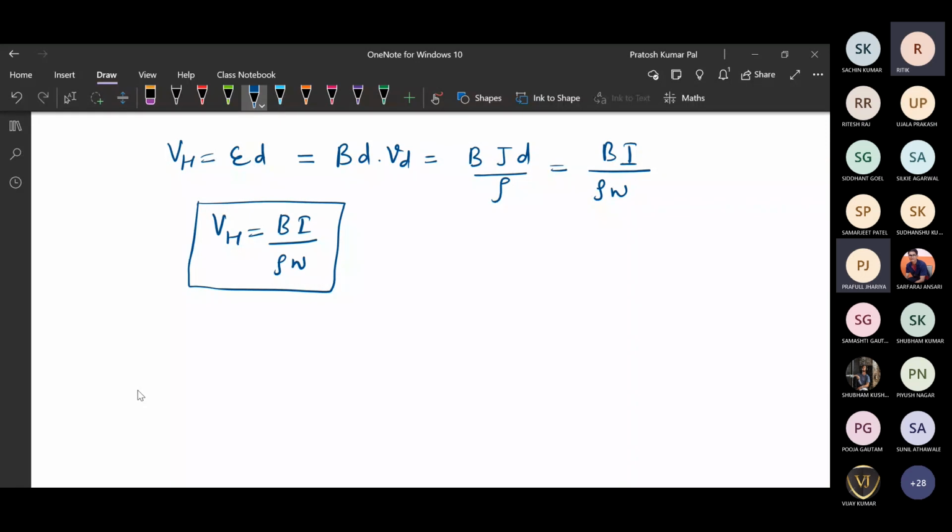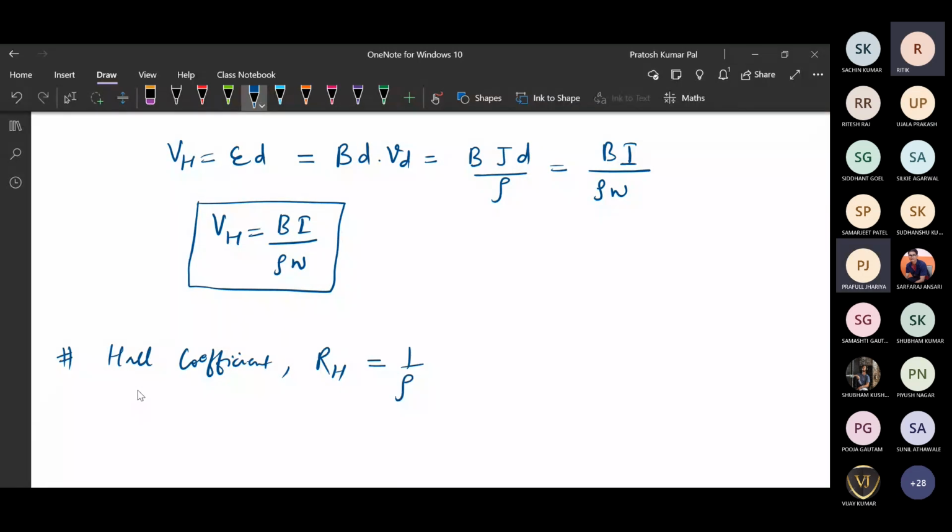Also, one parameter is called the Hall coefficient, which is represented by RH. RH is equal to 1 by rho.